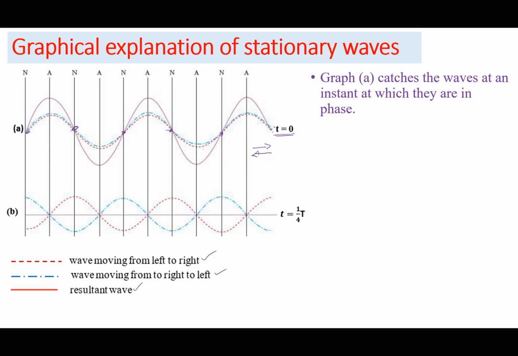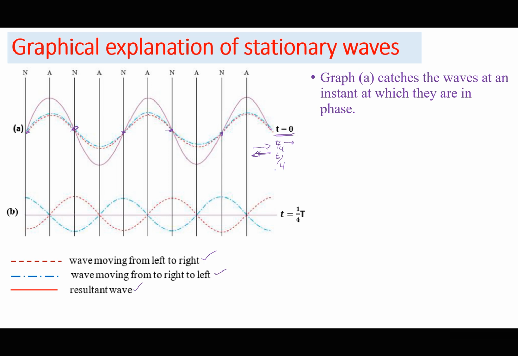At a quarter cycle, the red one has moved a quarter of a cycle to the right, and the green one has moved a quarter of a cycle to the left.